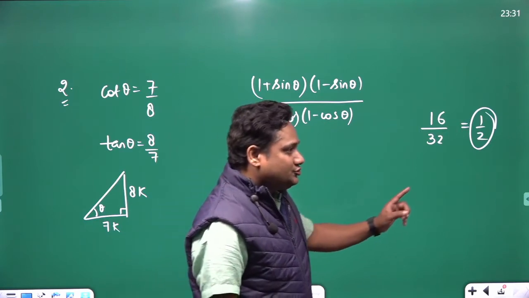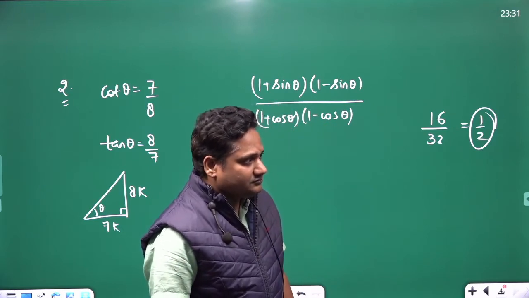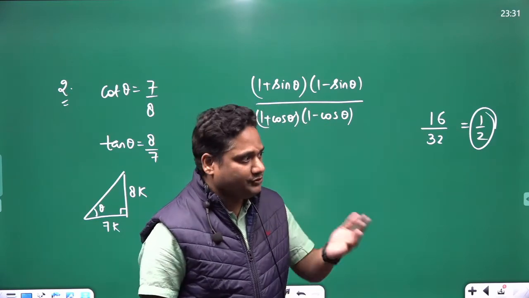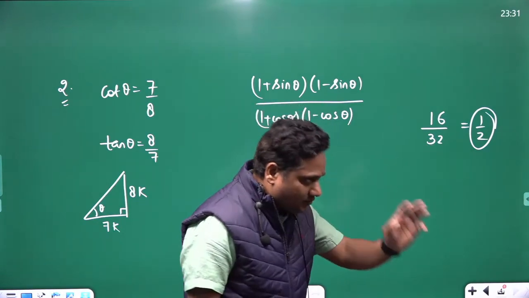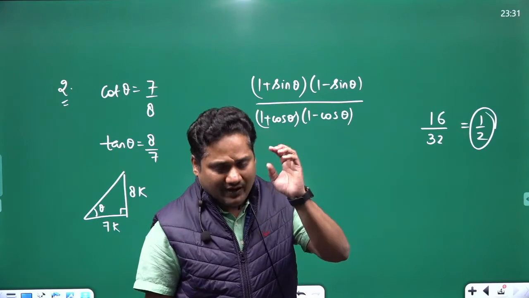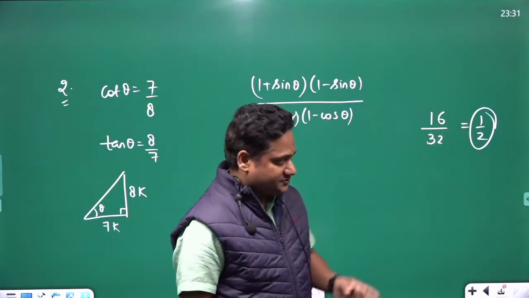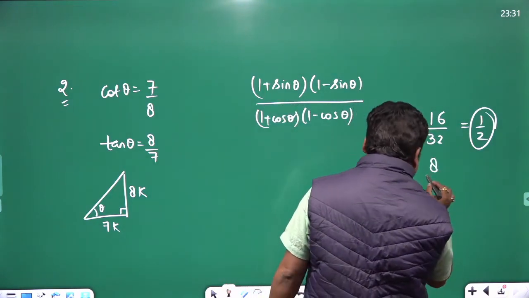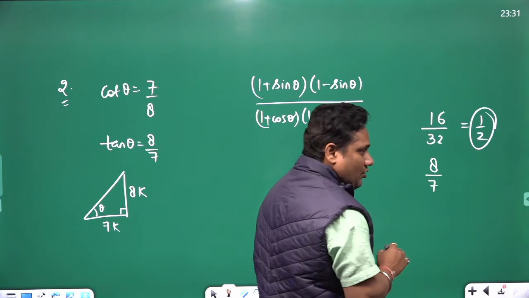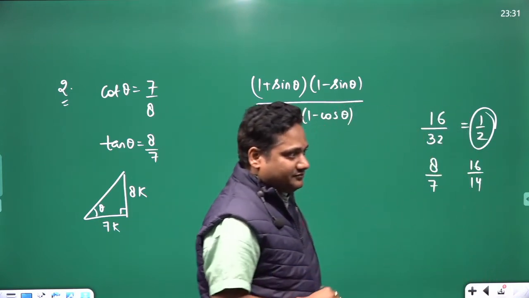Why? Because you cancel the common factors, correct? This is the mathematical way how you write the answer. This is a very basic thing. Whatever the common thing is, we will cancel those common factors. In the same sense, you don't know whether it is 8 by 7 or whether it is 16 by 14. Are you getting my point?